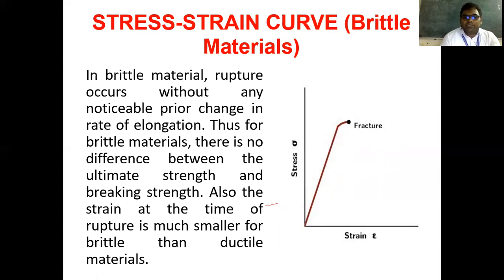The strain at the time of rupture is smaller for brittle material than for ductile material. So when you are dealing with brittle material, for your design you consider the breaking strength of the material.